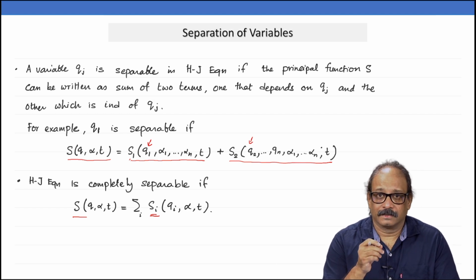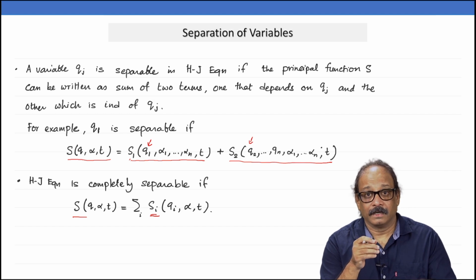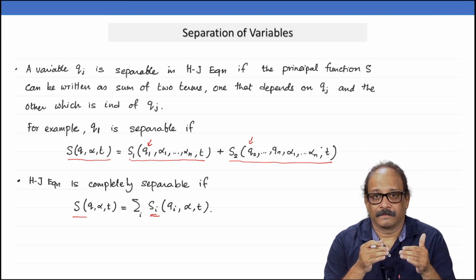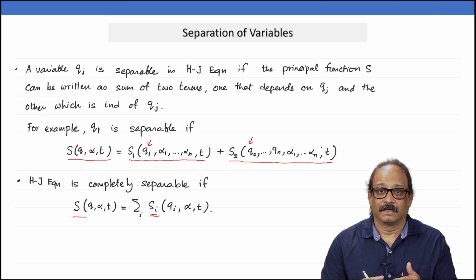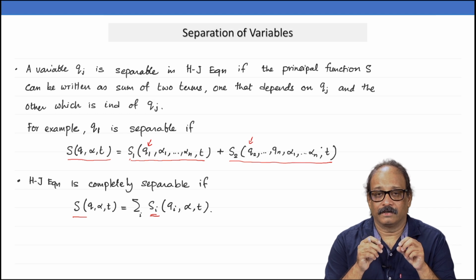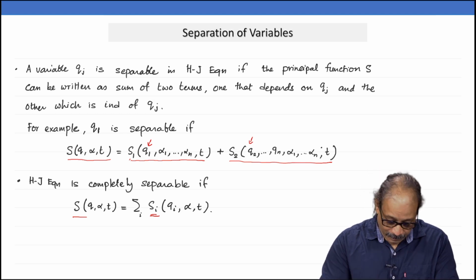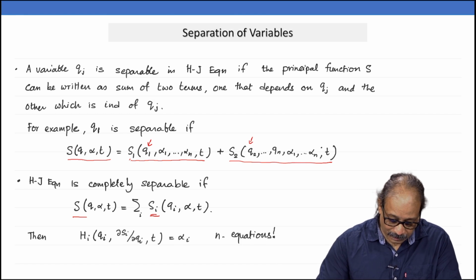And in this case, you should be able to separate the Hamilton-Jacobi equation into several parts, one ordinary differential equation for each q i.